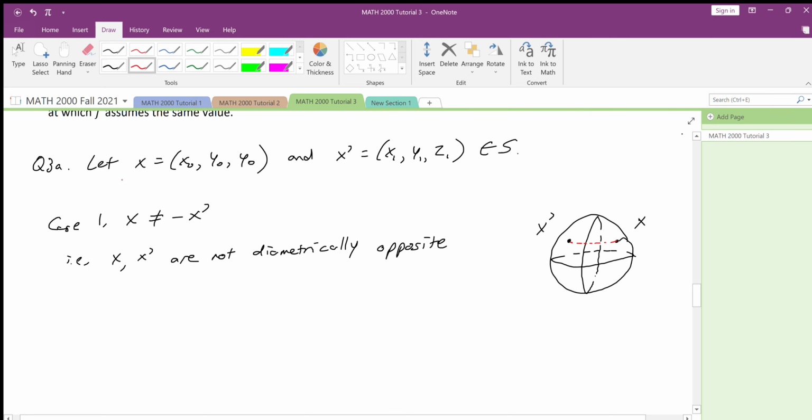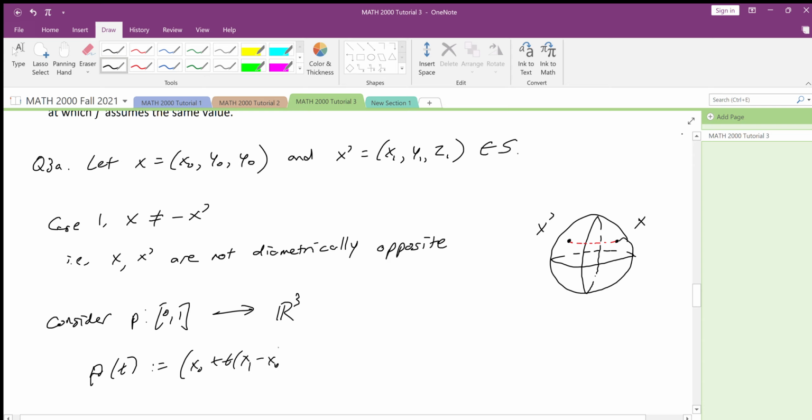So the first thing I'll do is consider a path P, which goes through the sphere. And here's what I mean. P of t is defined to be x naught plus t times x1 minus x naught, y naught plus t times y1 minus y naught, z naught plus t times z1 minus z naught.